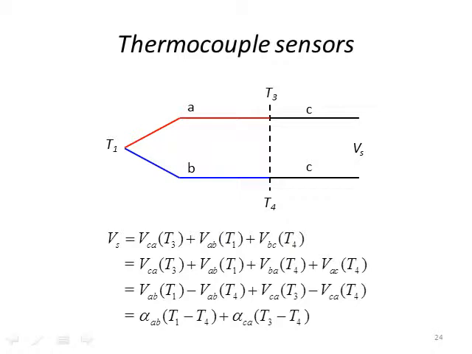So BC was expanded into BA plus AC. Now, in the next line, VAB at T1 minus VAB at T4. Now remember, we had VBA at T4. When we take VAB, it's going to be the negative of that.